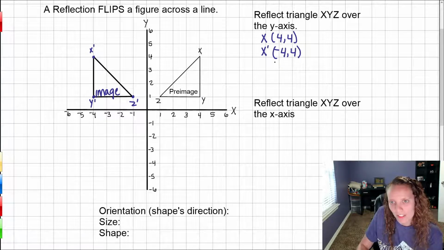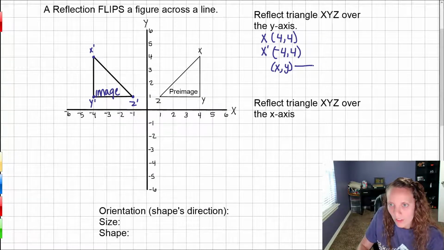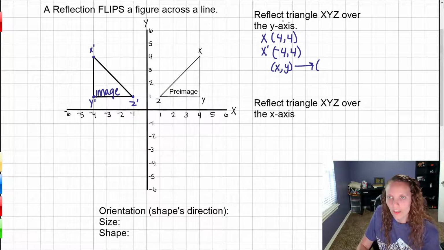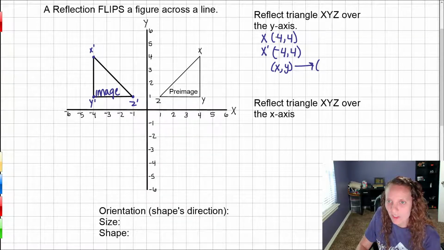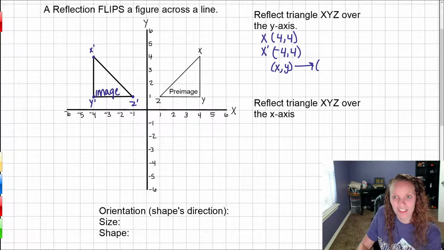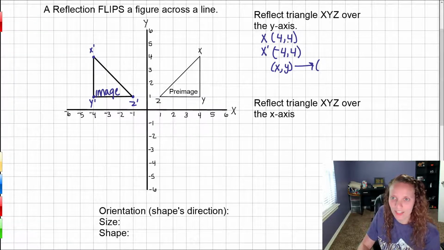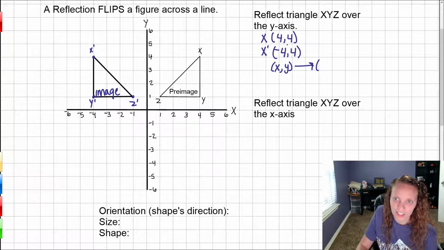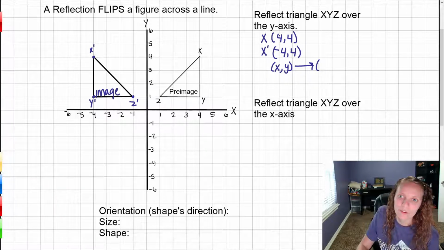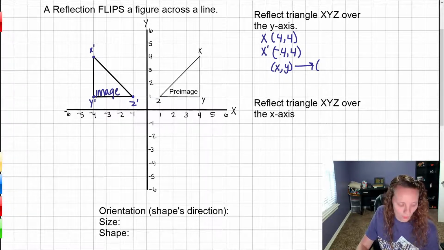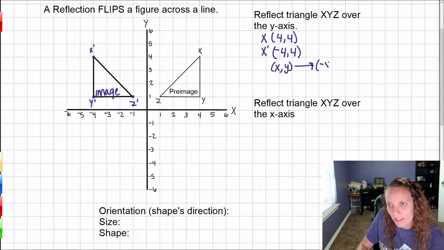So the rule here is if we start with a normal xy coordinate, like 4, 4, for a reflection over the y-axis, if you notice this first number, which is represented with an x, it changed, but the y value here did not. And it's not like we're adding or subtracting like what we did with a translation. Here it's all about the opposite. So it went from a +4 to a -4. So it took the opposite of x, and then y stayed the same.